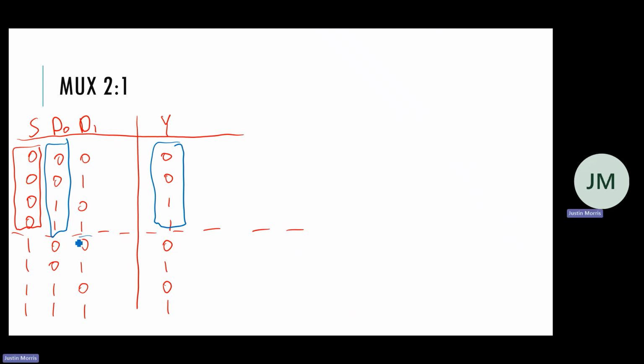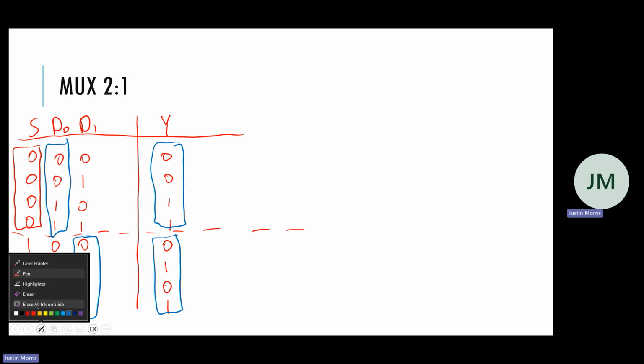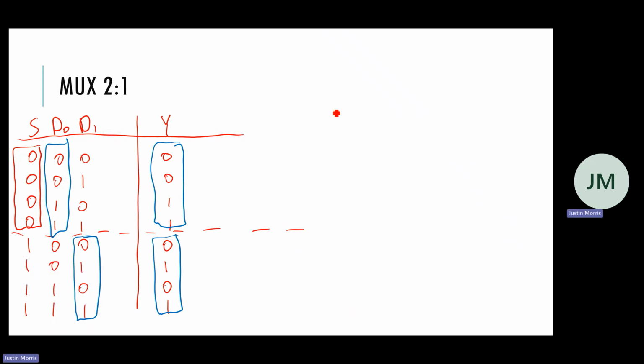And again, if S is 1, D1, D1. So this simplifies very neatly into D0, D1, and we can draw this again as S and Y. If we're 0, we get D0. If we're 1, D1.